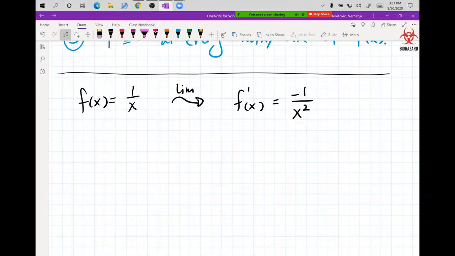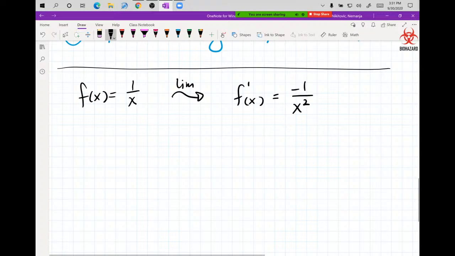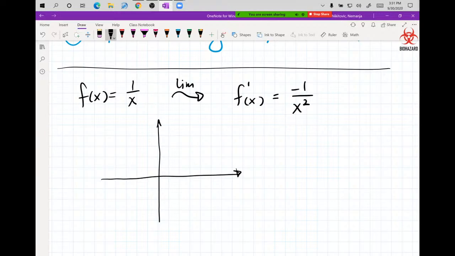So now, if you graph this, we're again going to use black for the original function and red for the derivative. The original function is 1 over x. Remember, we're going to draw this function 5,000 times. The derivative function in red, when you graph it, looks like this. And that's f prime.